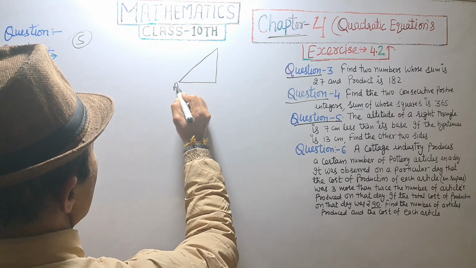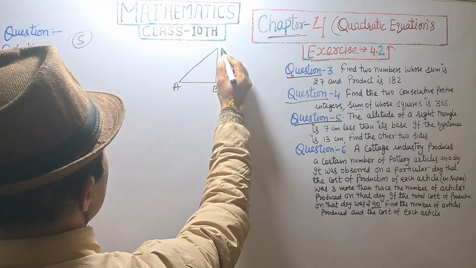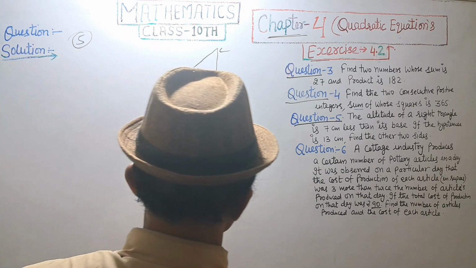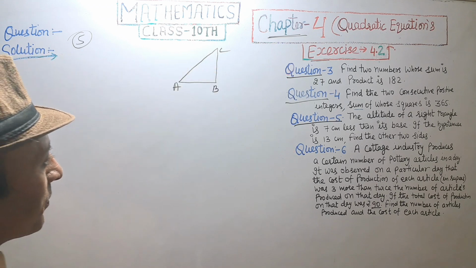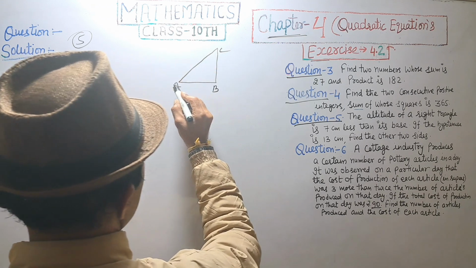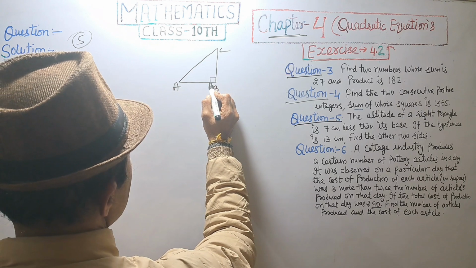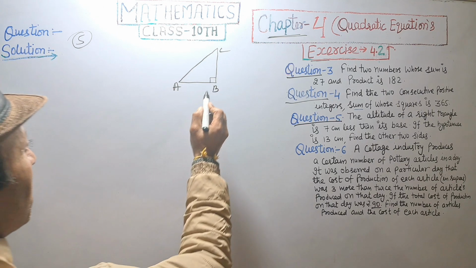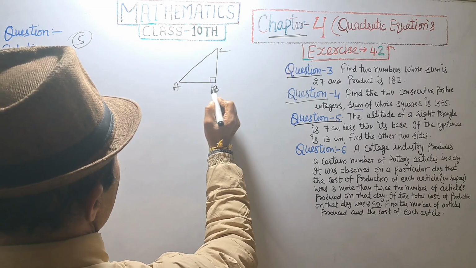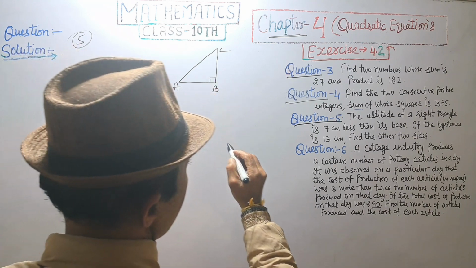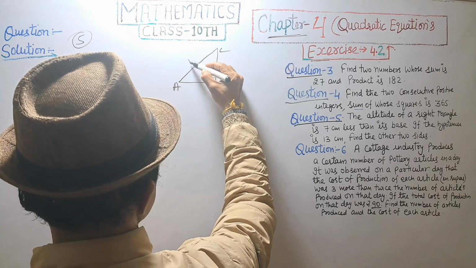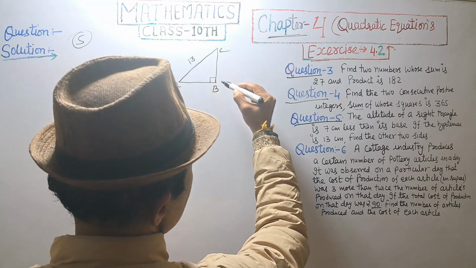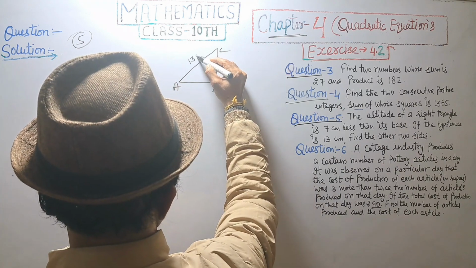ABC is a right angle triangle, right angled at point B, and the hypotenuse is given as 13 centimeters.